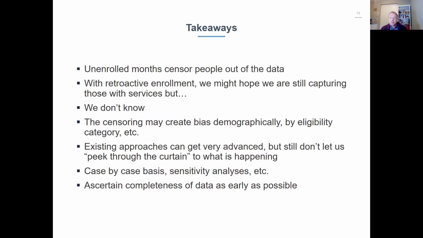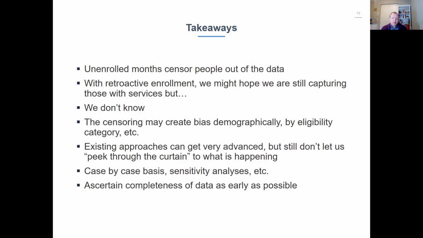So maybe retroactive enrollment really does allow us to capture the services that people need and that they get, that things don't fall into charity care, uncompensated care that don't make it into the Medicaid data, but we don't necessarily know. And so by censoring that out, and either leaving the censoring there and just running it on the complete sample, or removing people, those can create bias in either the sample or the estimates.